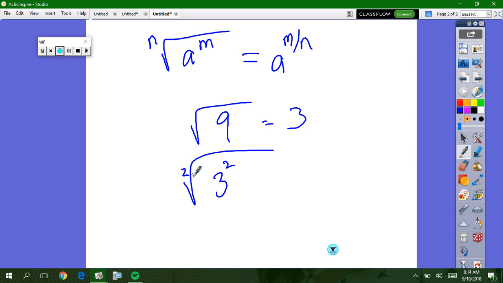So it does explain why it becomes 3, because, once again, this is my m, this is my n. Everybody there with me? Which becomes 3 to the 2 over 2, which is 3 to the first, which is 3. That's the reason why it works. Okay?